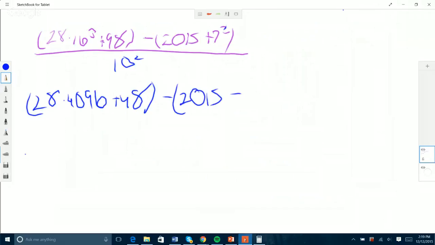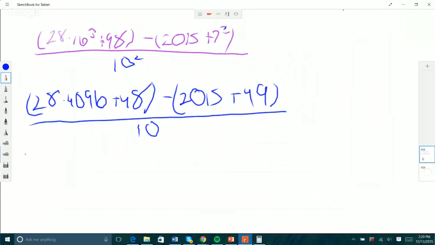So now, 7 squared, that's 49. And divide all of that by 10 squared, that's 100. I won't be going through all of that, I'll just skip ahead to the answer.